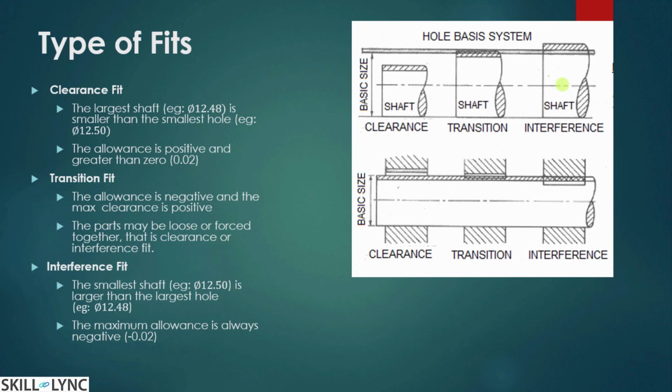You can either heat the component that is going to have this hole so that it becomes enlarged, that is, it enlarges greater than this maximum negative allowance, wherein this shaft can be fitted in. Alternatively, they can cool this component, this shaft, in order to shrink it and then fit it. Typically this interference fit is going to be used in different automobile components.